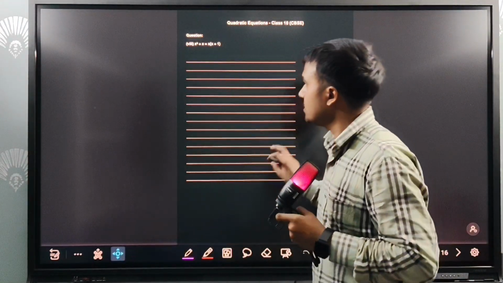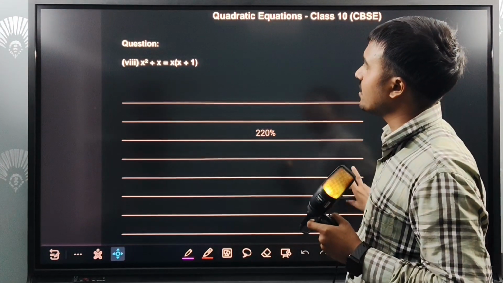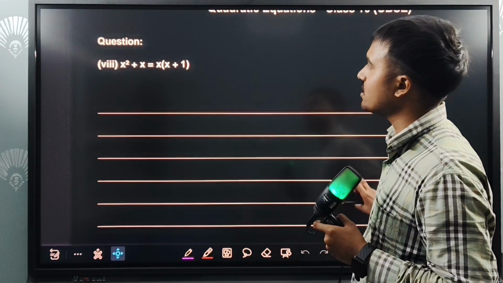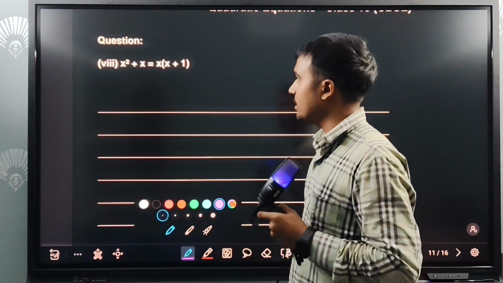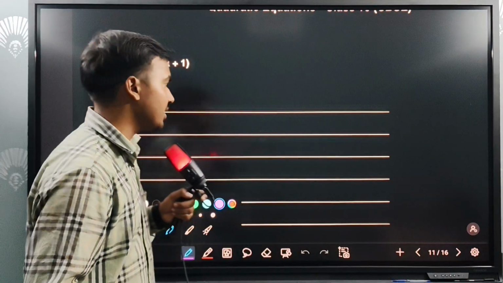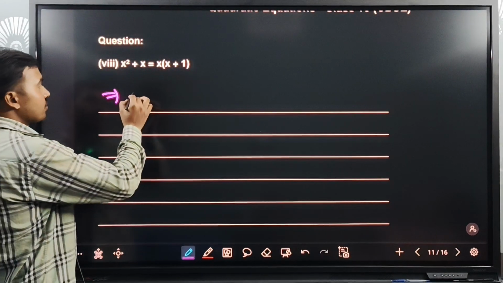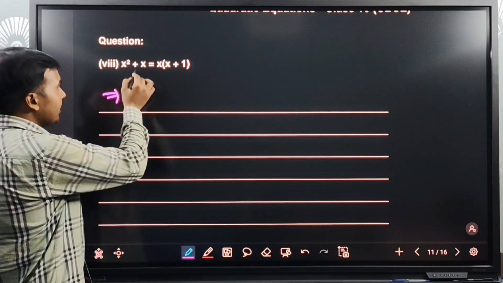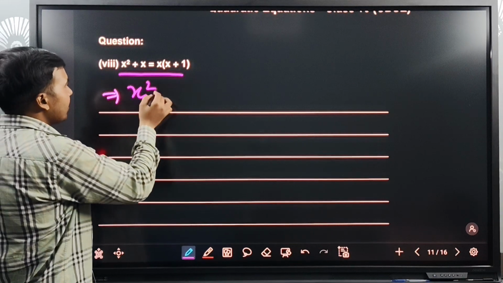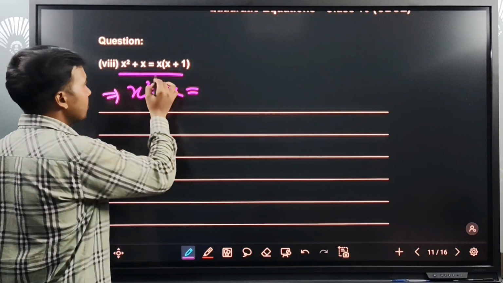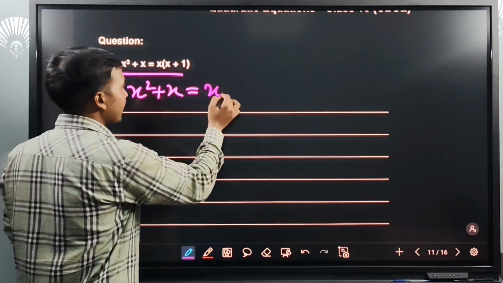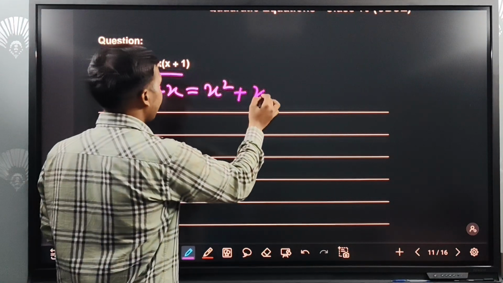So our next question is x square plus x is equal to x plus 1. Let us solve this question and see whether it is a quadratic equation or not. On solving, we will get x square plus x is equal to x multiplied by x square, you will get x square plus x.